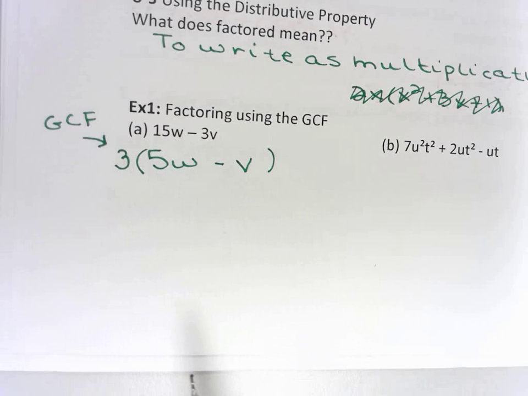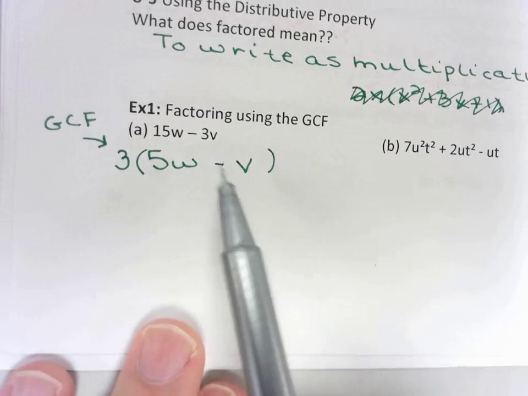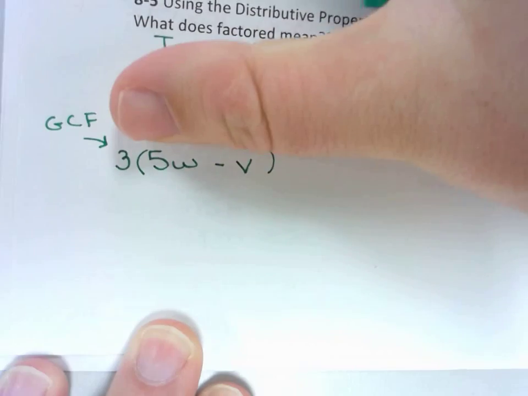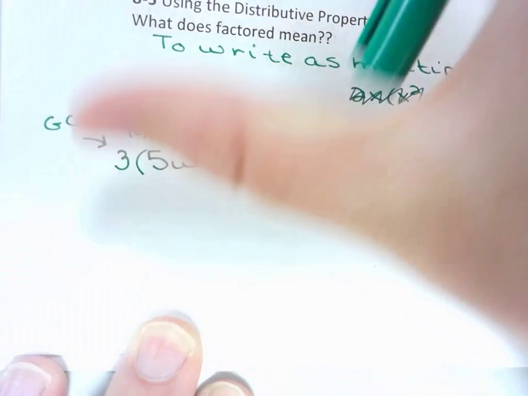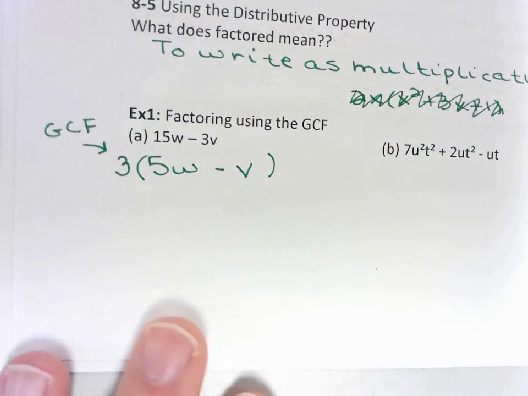Is this written as multiplication? 3 times 5w minus v. That's how you tell if it is factored. It is written as multiplication. So we're working backwards. This right there is what you would have been given yesterday, and you would have gotten that as your answer.